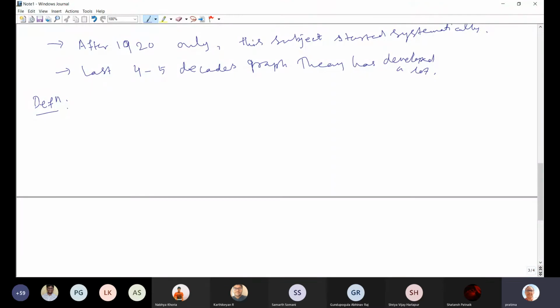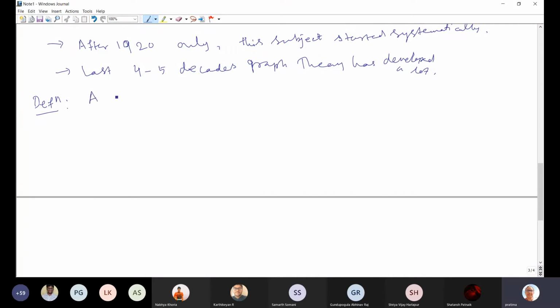Graph means, for this course, undirected graph, for our convenience. Therefore, graph means undirected graph, and we shall say a graph is a simple graph. Simple graph means that the graph will not have any parallel edge or self loop.